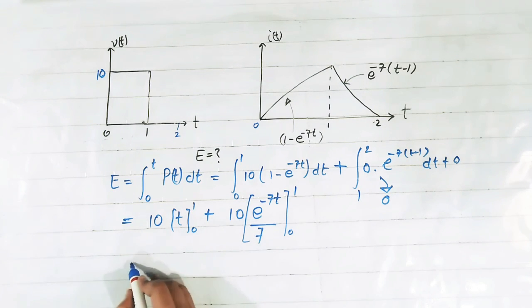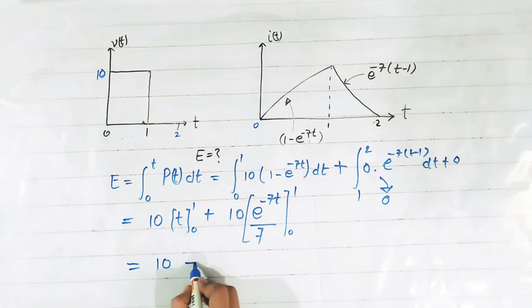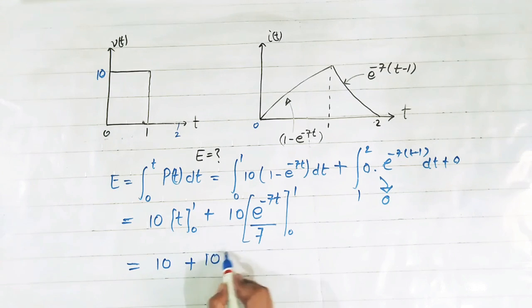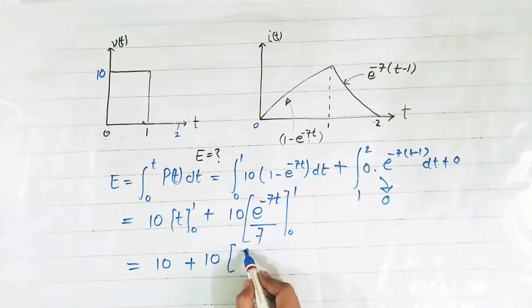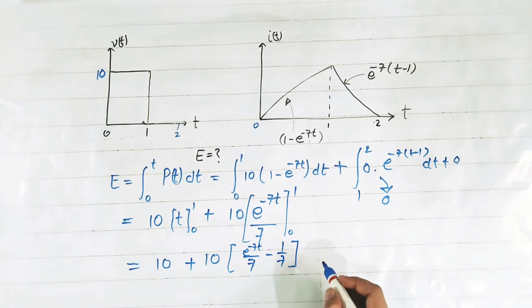Now on solving this we get 10 minus 0, 10 plus 10 by 7 minus 1 by 7. So we get this on integration. If you solve this, then you will get the answer.